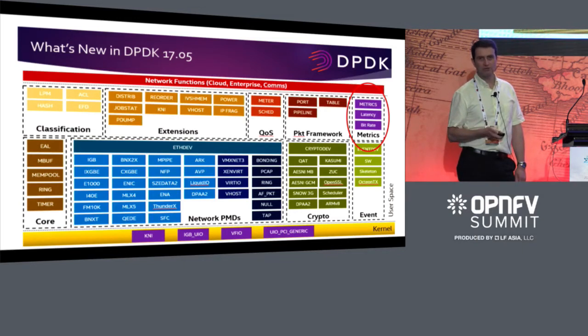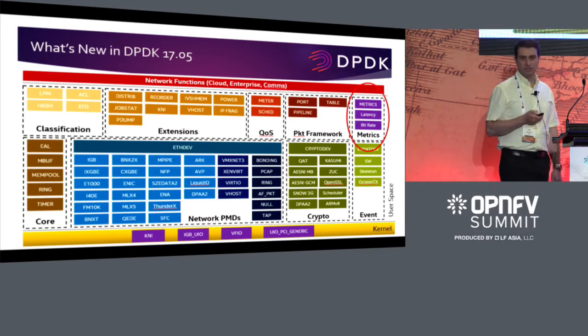What we added in 17.05 is a metrics library, which allows you to add more sophisticated statistics capabilities. In 17.05, we added latency data: max, min latency, jitter, things like that, and bitrate, peak and average bitrate. It just allows an easy way to collect that kind of data from an application and report it to some kind of monitoring collection process.